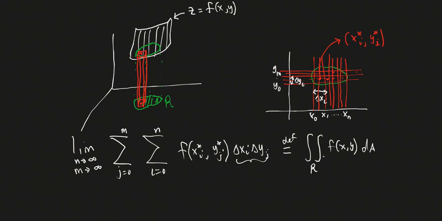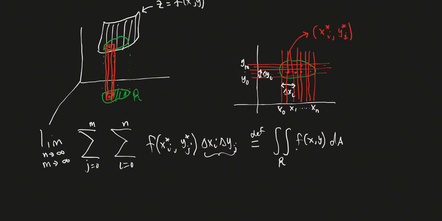So let me write out in words what this symbol represents. So this is the net volume. You could say solid or region.